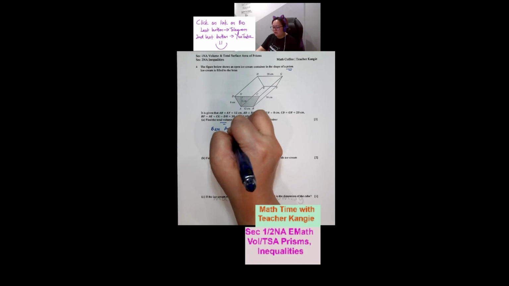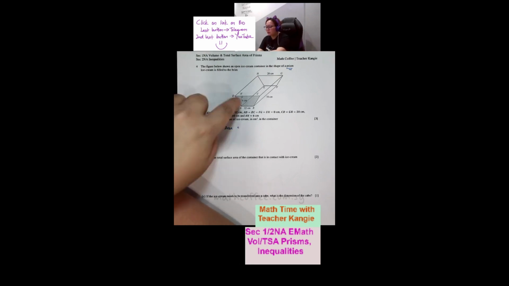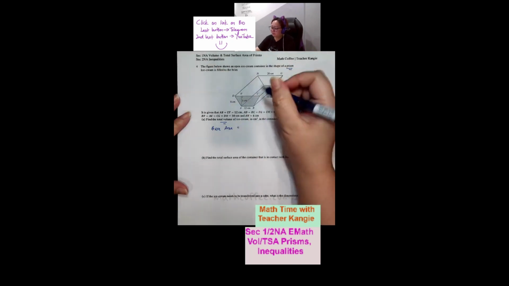So what formula should I use for the shaded area? Half a hexagon? Wow, not wrong, but it's supposed to be a trapezium, not a parallelogram. A parallelogram has two pairs of parallel lines. This one only has one pair of parallel lines. So it is a trapezium.